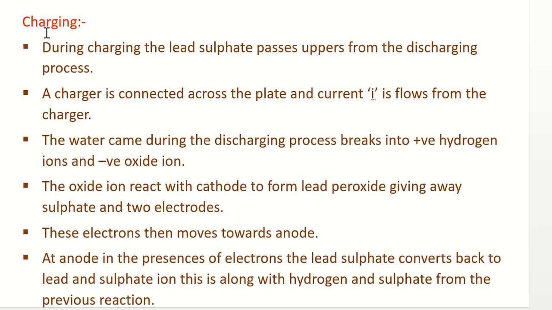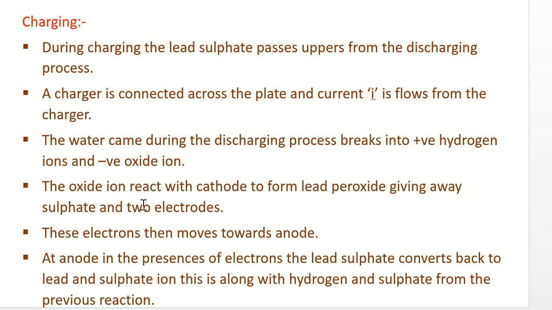Charging cycle. The lead sulfate appears from the discharging process. A charger is connected across the plates and current I flows from the charger. The water formed during the discharging process breaks into positive hydrogen ions and negative oxide ions.